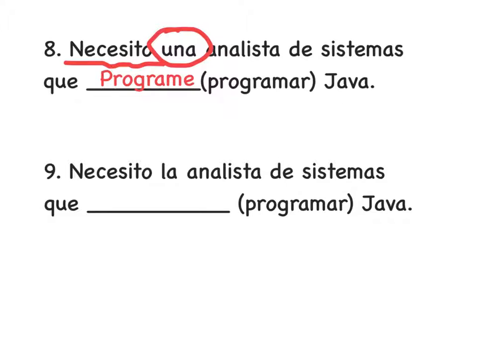Now, what about number 9? Necesito la analista de sistemas que, yeah, I think you know. Okay, we have necesito, which could function as a subjunctive trigger, but in this sentence, we're talking about a specific analyst, la analista.